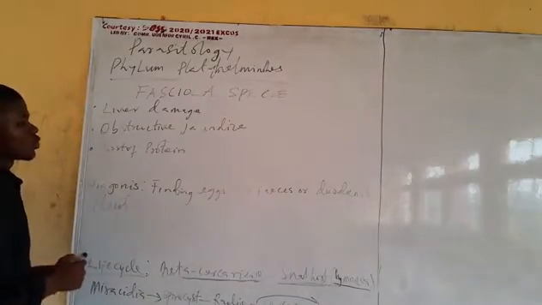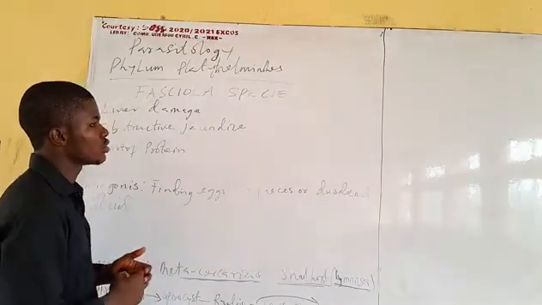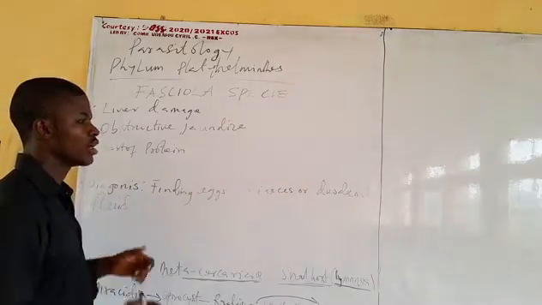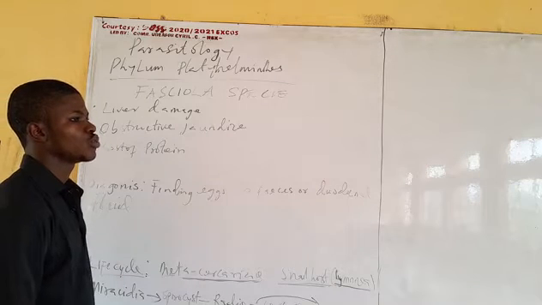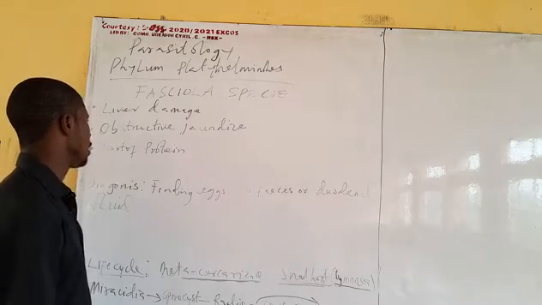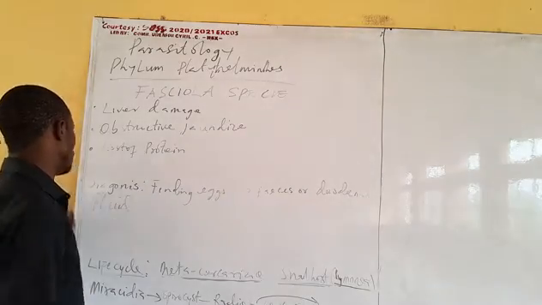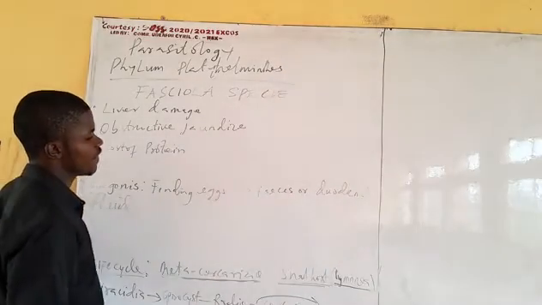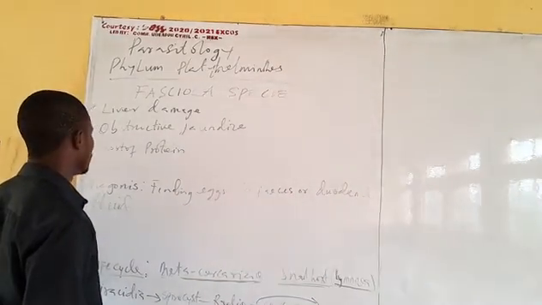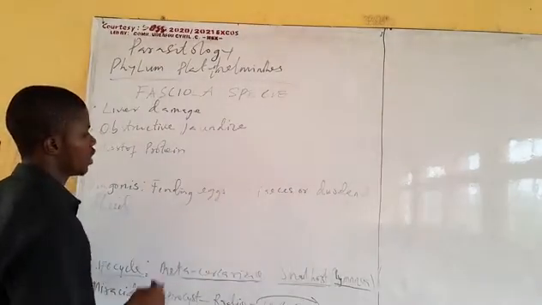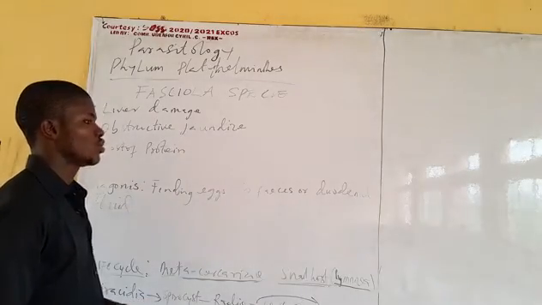Another way to prevent it is to kill the intermediate hosts, like I told us earlier in Schistosoma, to destroy the snail hosts so that it won't give rise to cercaria. Now the diagnosis: finding eggs in feces or duodenal fluid. You look for the egg of Fasciola in feces and duodenal fluid.